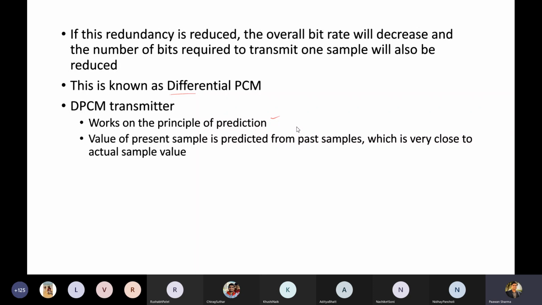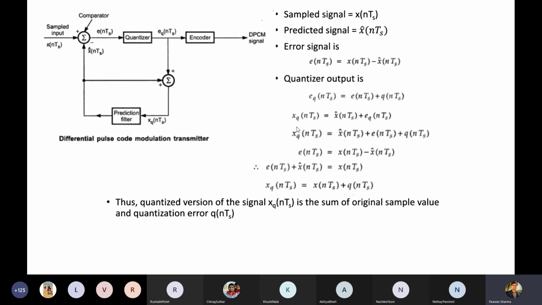If you look at this, this is a differential PCM. I hope the screen is properly visible. This is your input signal. Here you are comparing with a reference signal, which is actually the output of a prediction filter.